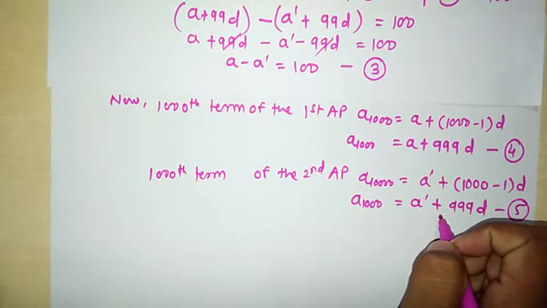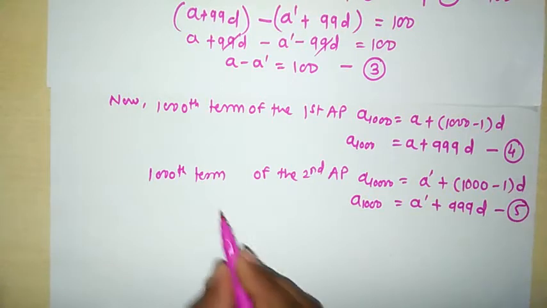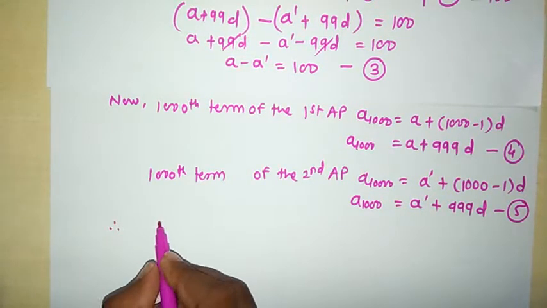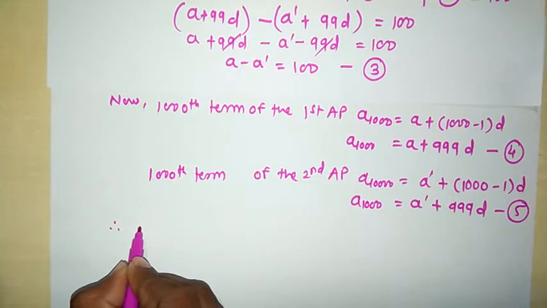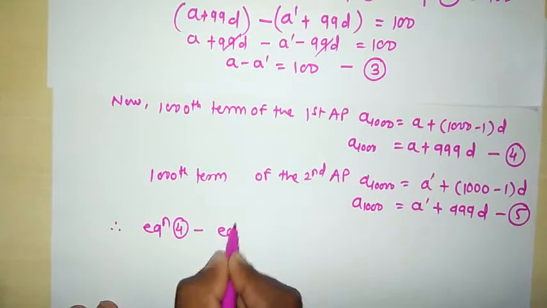Now what is asked here? The difference between the thousandth terms. Therefore equation 4 minus equation 5.